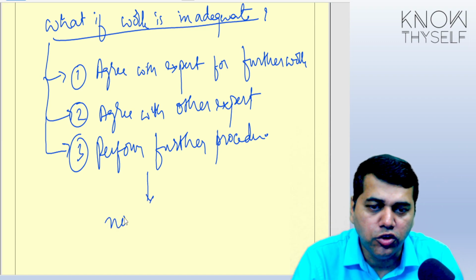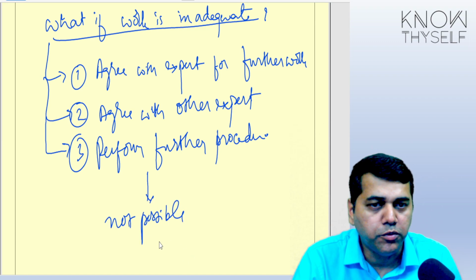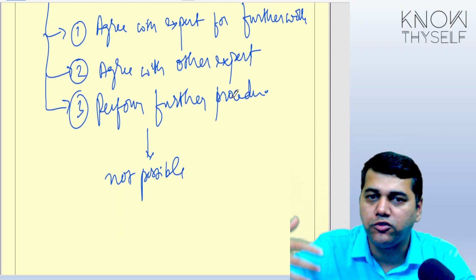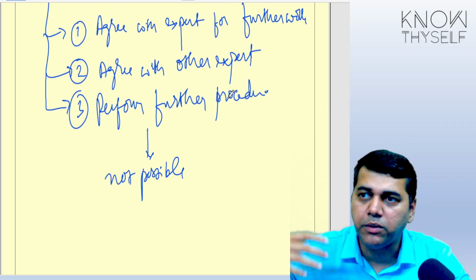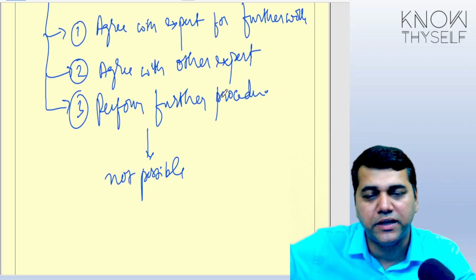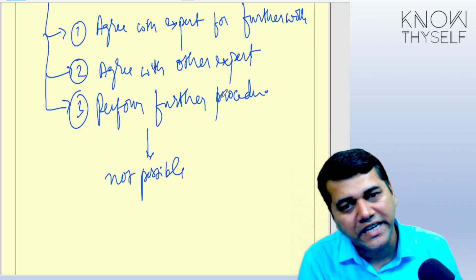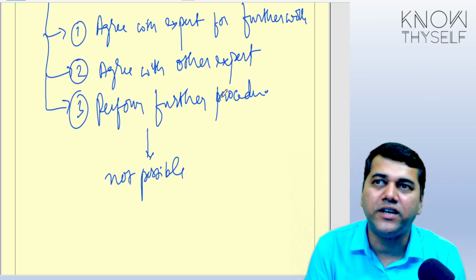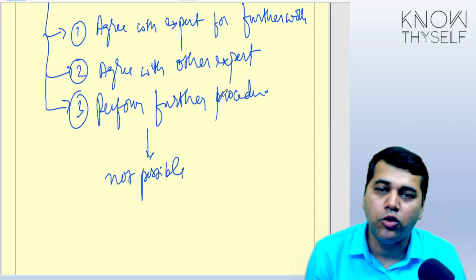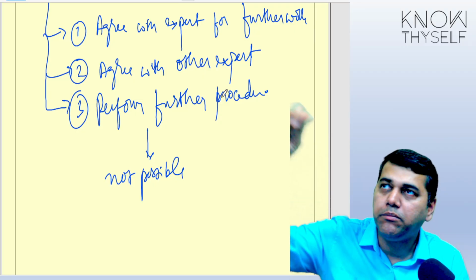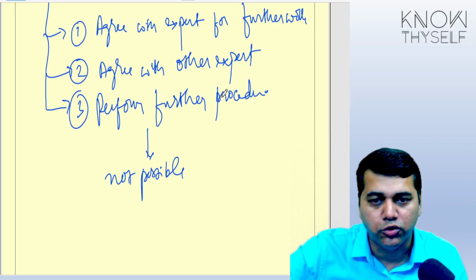What if not possible? Above procedures are not possible. If above procedures are not possible, that means if expert is not going to do the work, if you are not able to perform further audit procedure because an expert has not done his part of the work. So if you can do it independently, like for example, there is one small hole. You only can bring one concealer and you can close that hole. Then done.